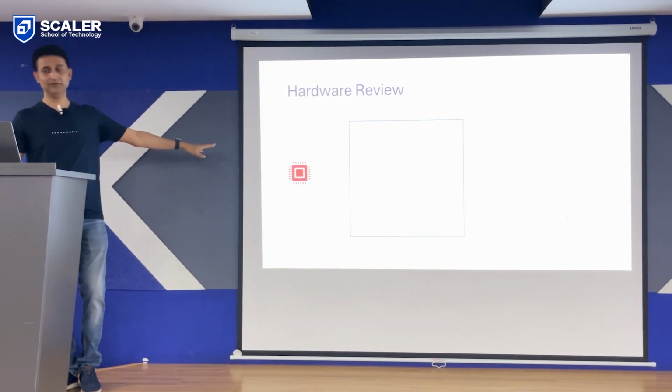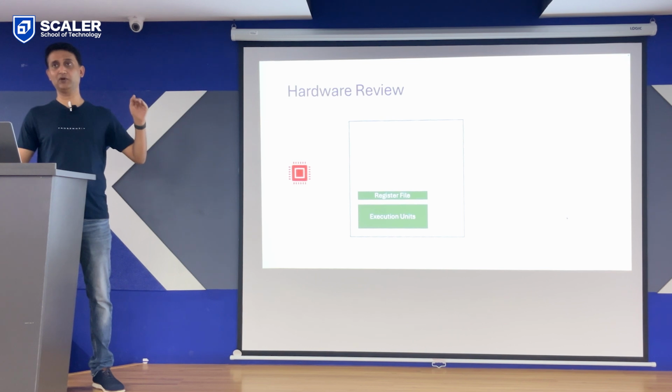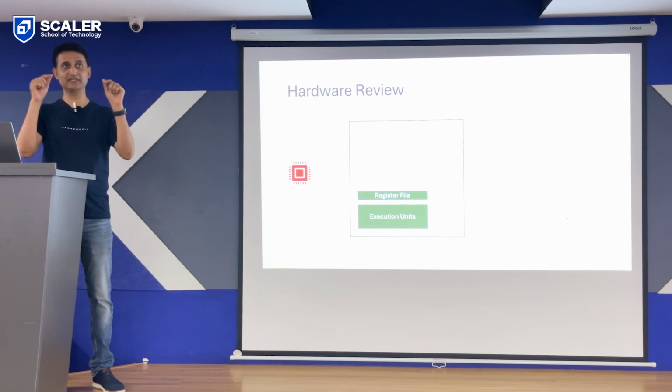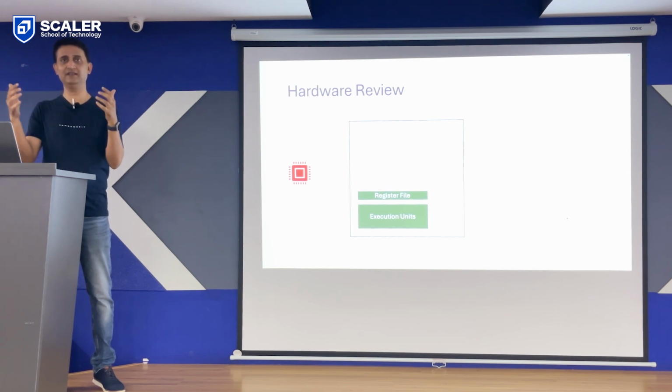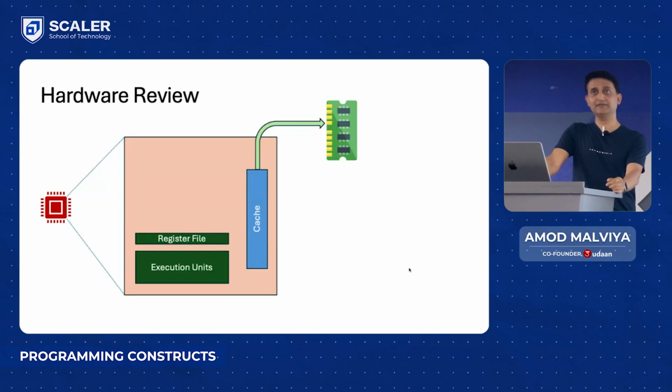The CPU, we can imagine it as, if you remember, the execution would happen on a bunch of execution units, and the register files, the registers, were getting used as scratchpad memory while the instructions are executing. You guys remember that, right? Okay. And the instructions and the data would be fetched from memory.